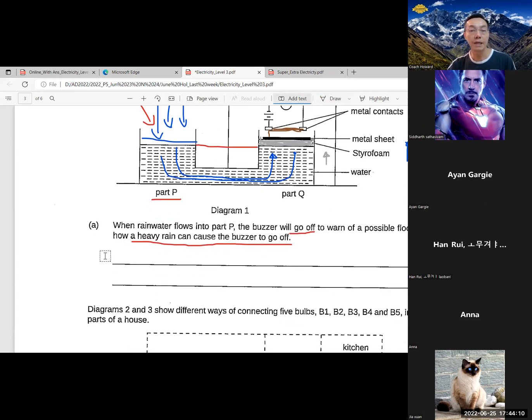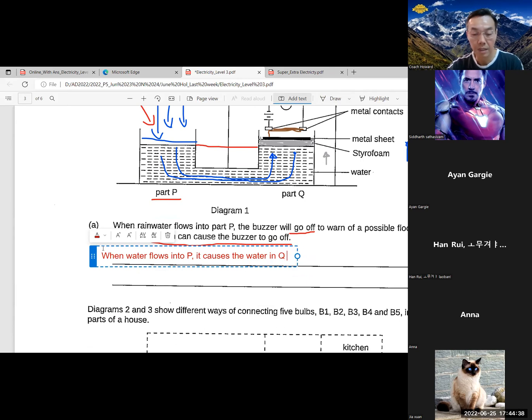So this part I will guide you to write. You say, when water flows into P, make it short form, it causes the water in Q and the styrofoam to rise.